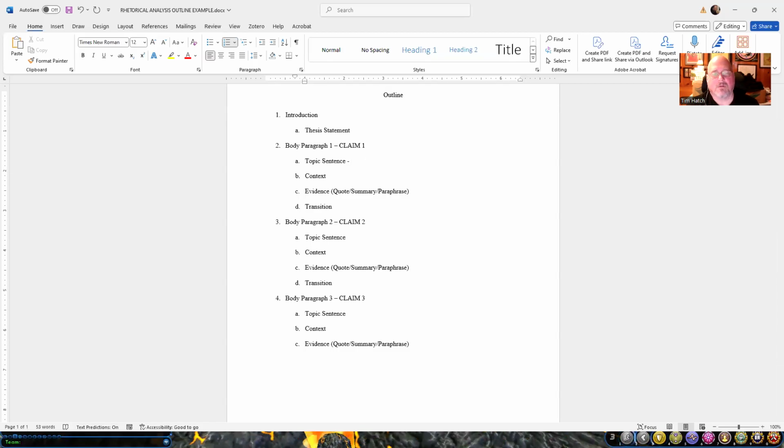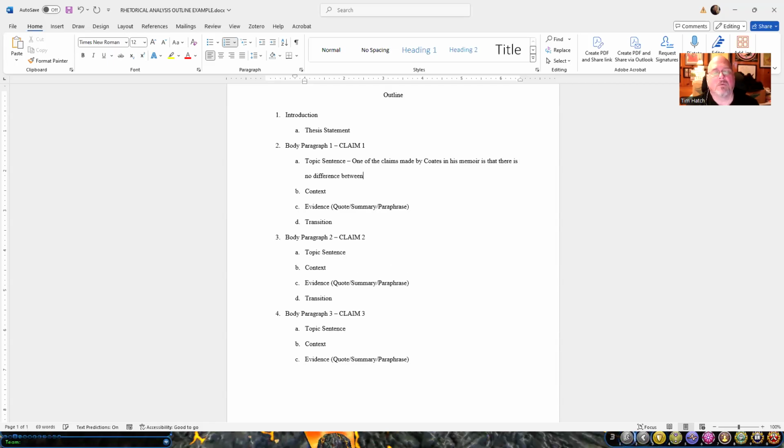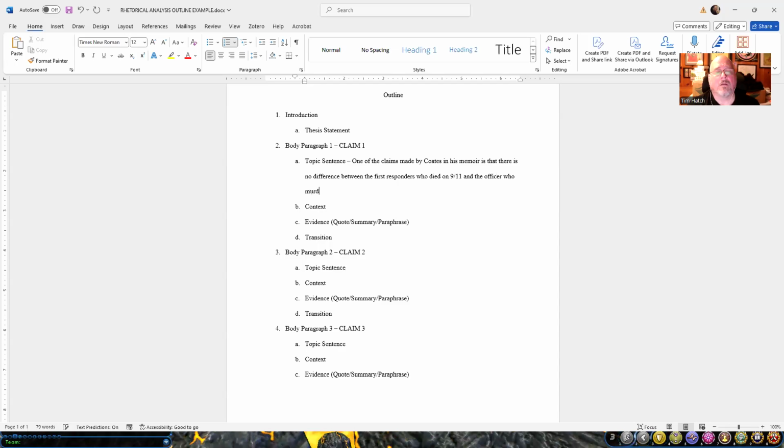Going back over here. So claim one, I'm just going to start writing a topic sentence. One of the claims made by Coates in his memoir is that there is no difference between the police, actually, the first responders, who died on 9/11, and the officer who murdered his friend, Prince Jones.